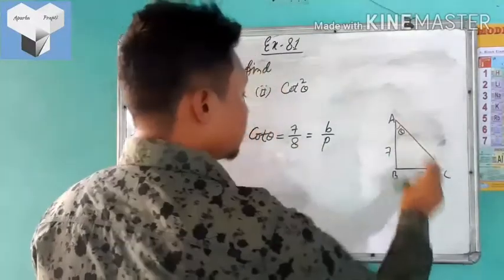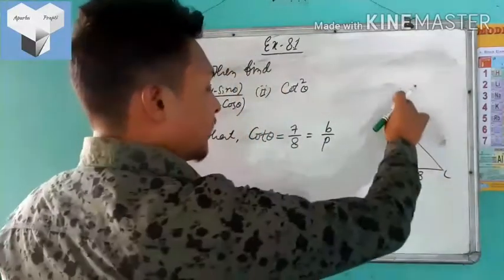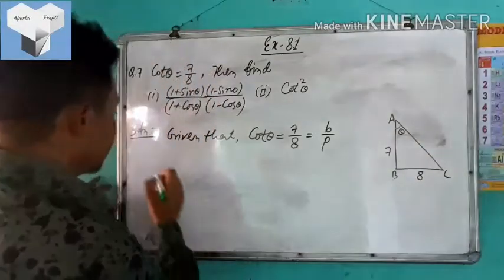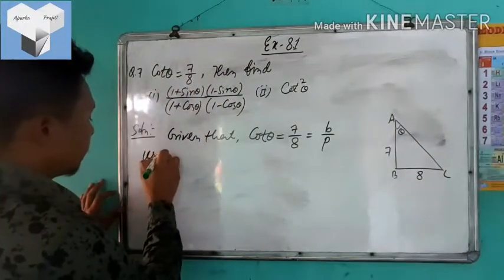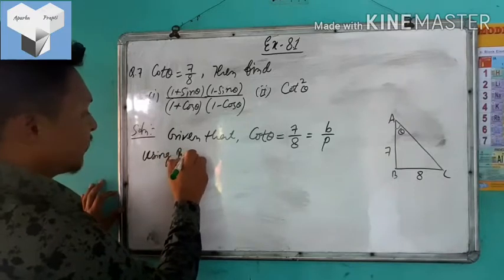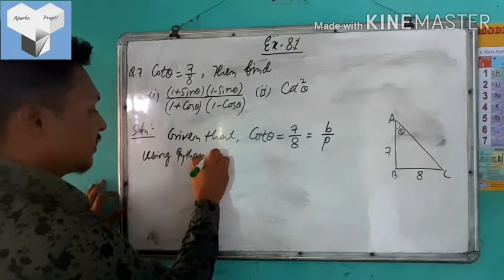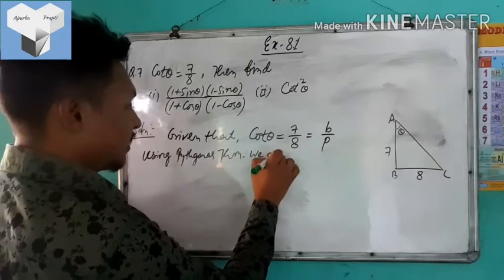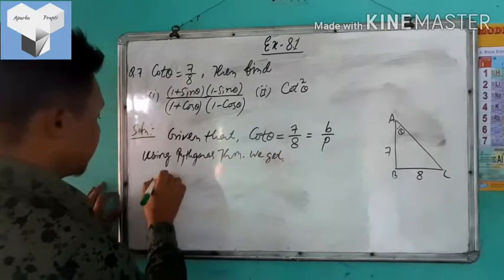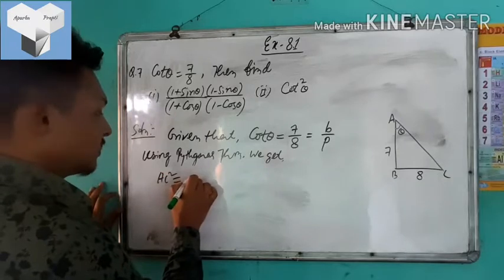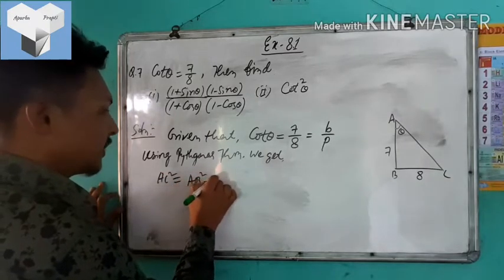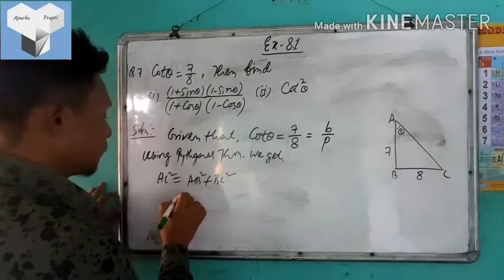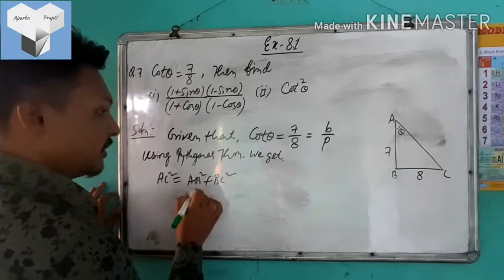Using the Pythagoras theorem, we shall find the value of AC. So using the Pythagoras theorem we get AC square is equal to AB square plus BC square. That is, AB is given how much?